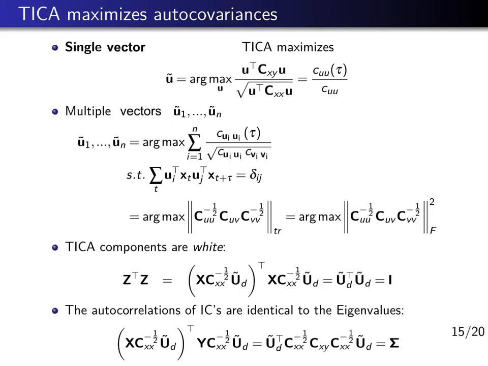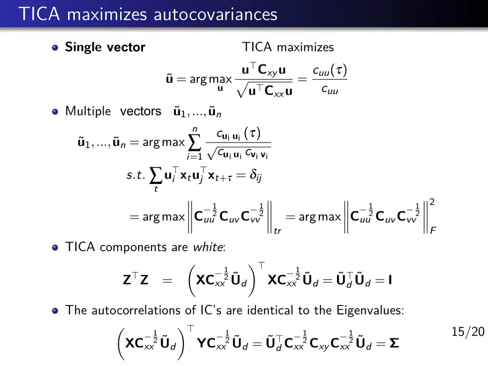So these eigenvalues that again we are maximizing correspond to the time autocorrelations of the individual independent components or latent space vectors. So TICA finds a bunch of dimensions, latent space coordinates that are orthogonal in the whitened representation and whose time autocorrelations are maximal.